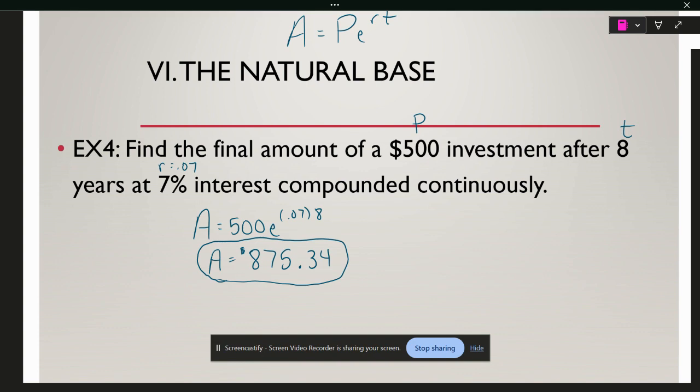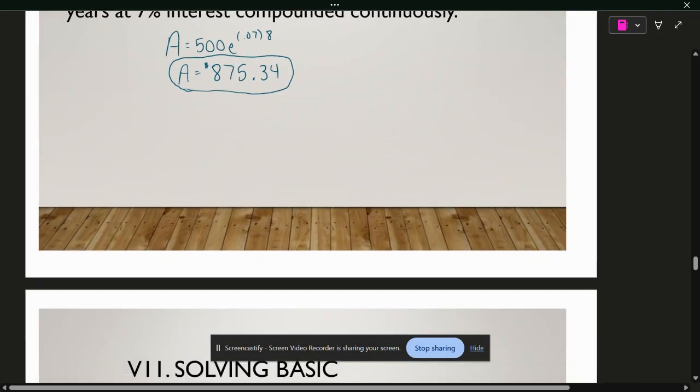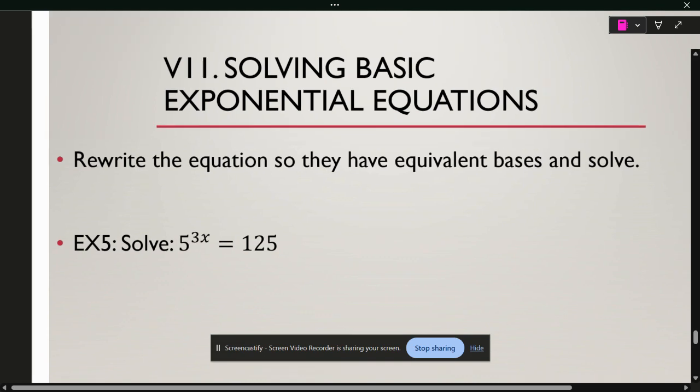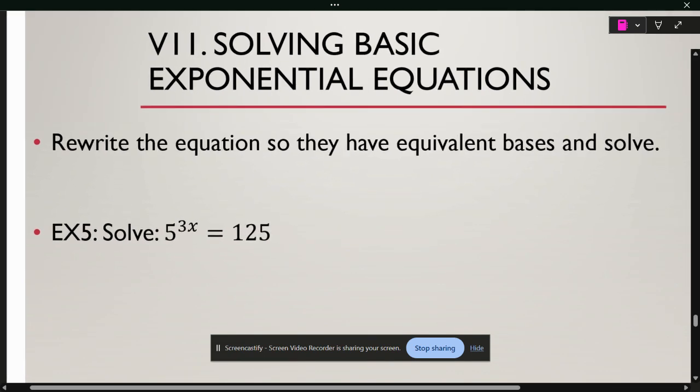Okay. So solving is taking a step back into basic exponential equations. This is how we're going to rewrite them. There is a way to set equations equal and find out what a variable would be that we don't know.